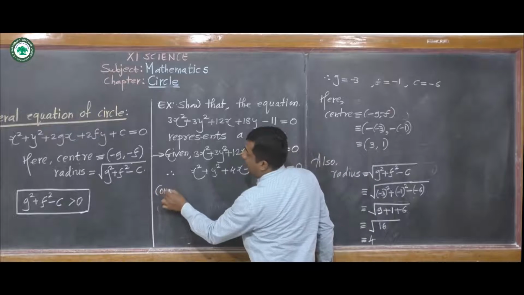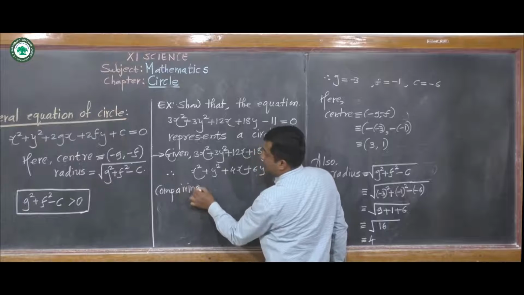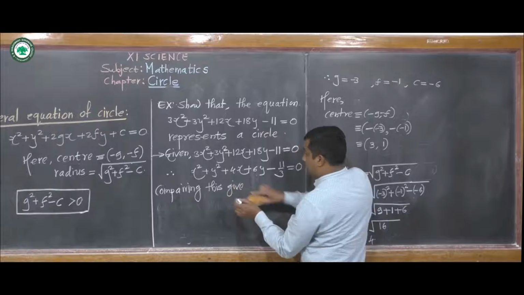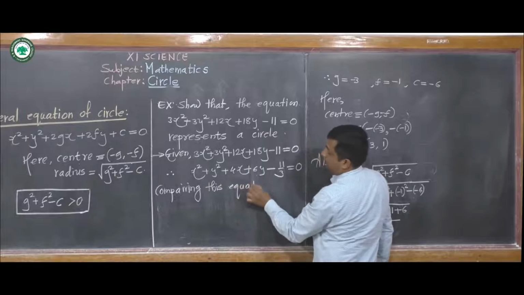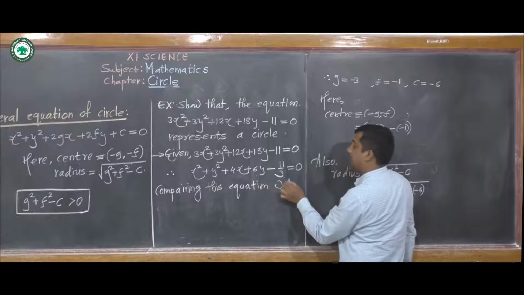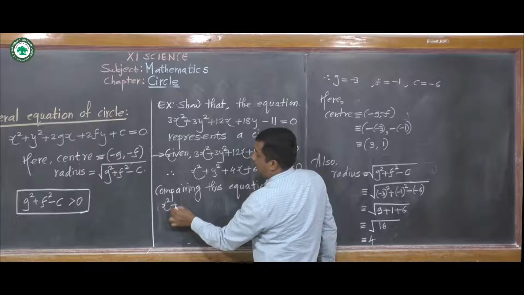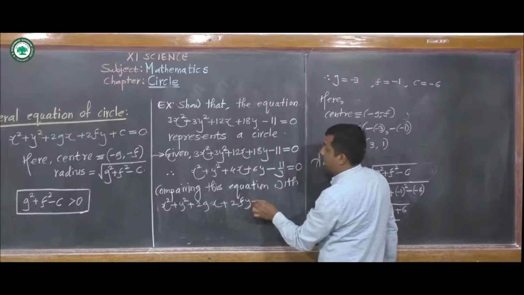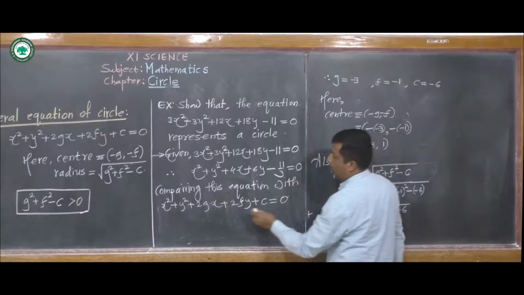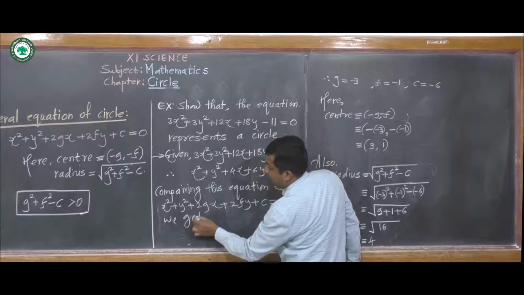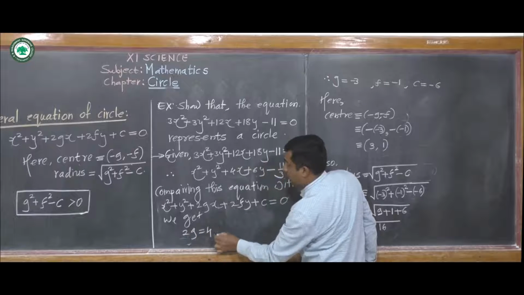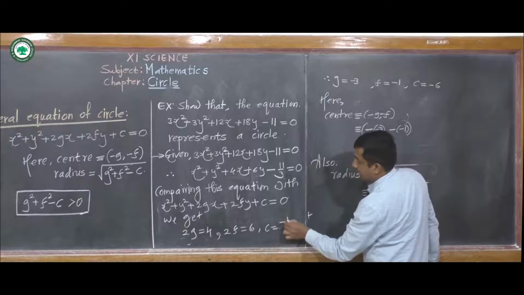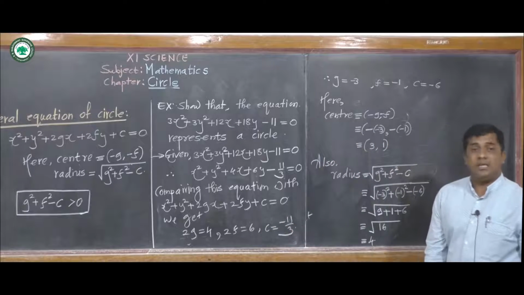So we compare, here I write comparing this equation with x square plus y square plus 2gx plus 2fy plus c is equal to 0. We get 2g is 4, 2f is 6, then c is minus 11 upon 3.